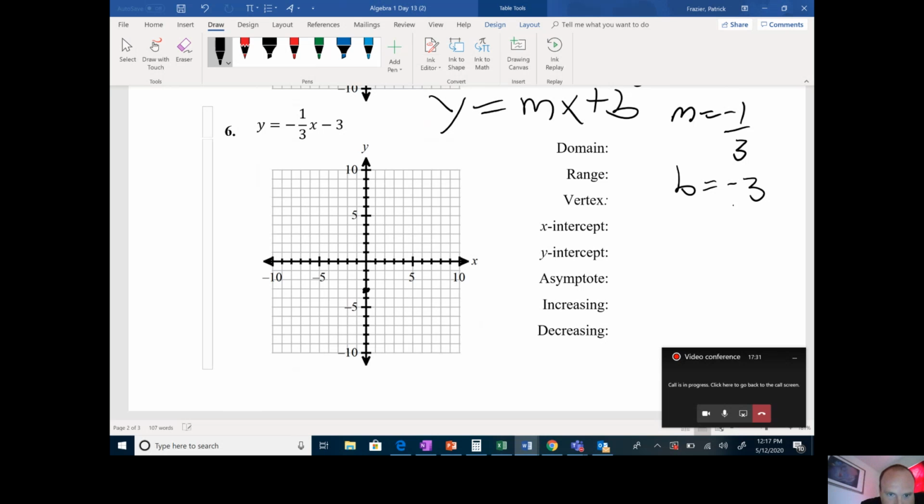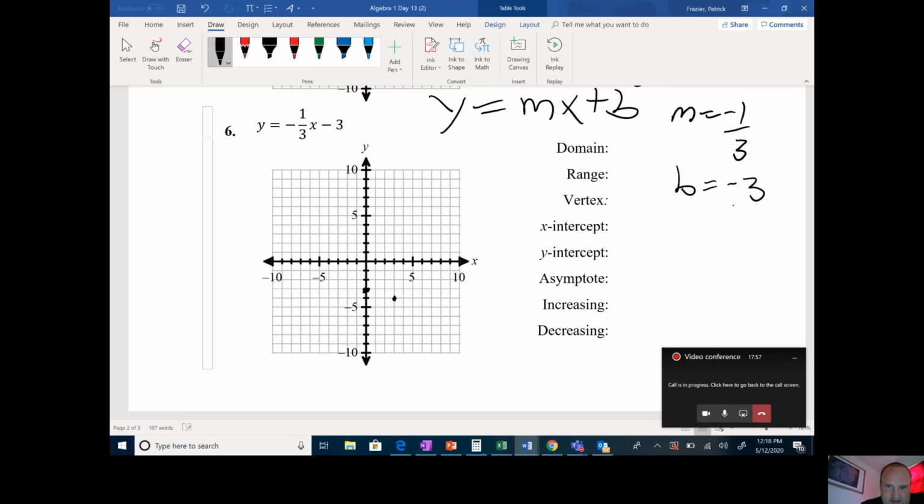So 1 unit down from negative 3 to negative 4, and then over 3. So 1, 2, 3. So it looks like when x equals 3, y equals negative 4. Let's see if that makes sense.